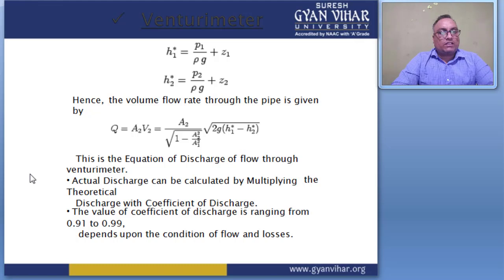And this above equation shows the discharge of the flow through a venturimeter. The actual discharge can be calculated by multiplying the theoretical discharge by a factor, which is the coefficient of discharge.